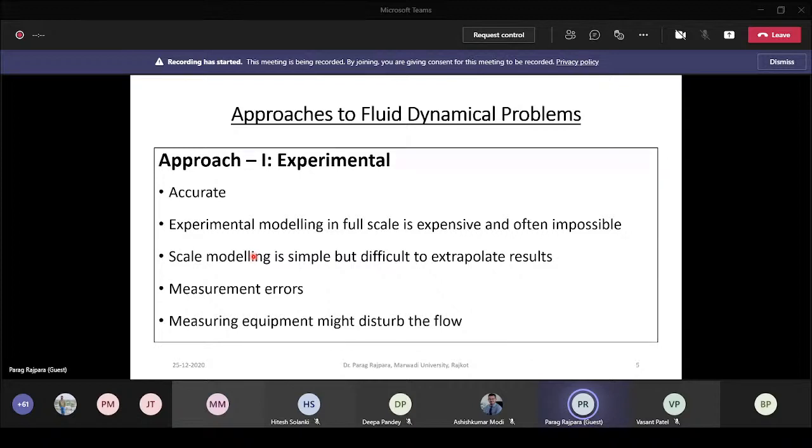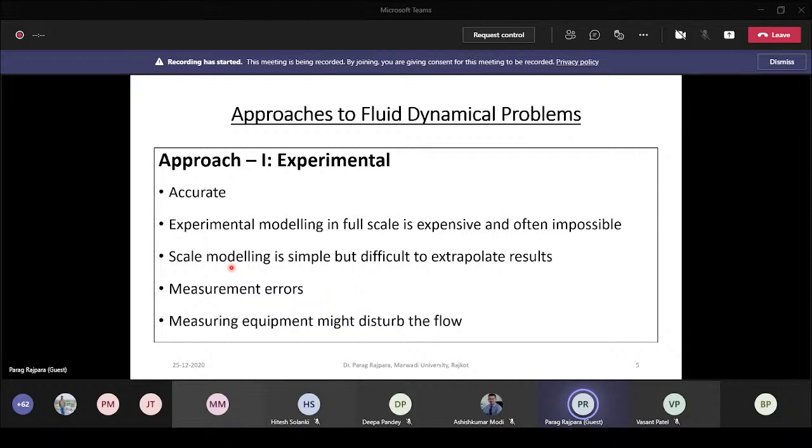Sometimes it is because of incomplete similarities, like geometrical similarity, kinematic similarity or dynamic similarity. All these similarities may not be properly maintained. And whether you are doing full-scale experimentation or scale modeling, measurement errors are always an issue associated with experimental investigation.